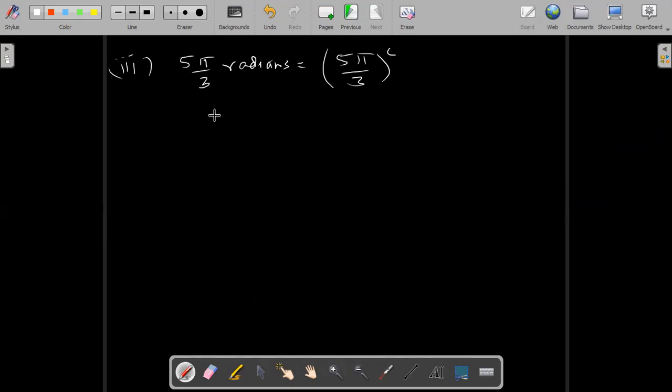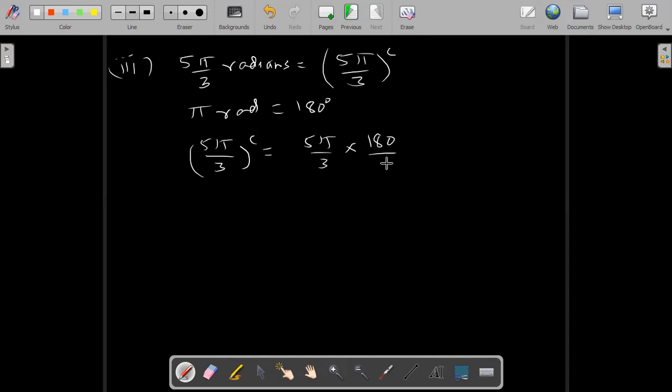Convert into degrees. As you know, pi radians is equal to 180 degrees. So 1 radian is 180 by pi, and 5 pi by 3 radians will be equal to 5 pi by 3 into 180 upon pi degrees.